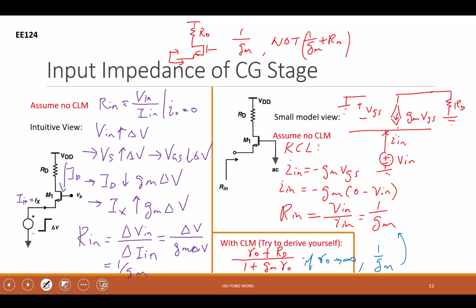That is exactly the same as without channel length modulation. Okay? So I don't know if you can memorize it, but you take it for granted. R in is 1 over gm for a common gate amplifier. Or whenever you look into the source, if the gate is grounded, this is about 1 over gm for a well-designed transistor. That is the intuition, okay?